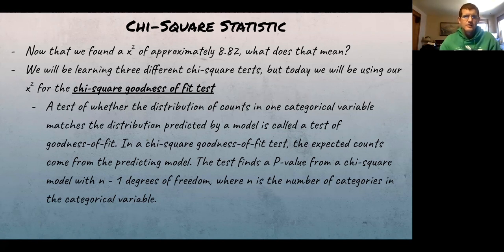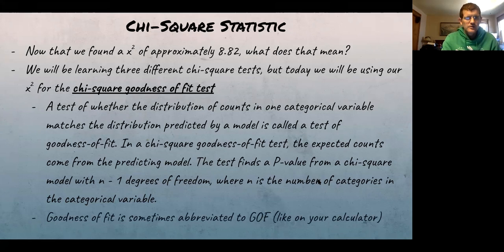And the test finds a p-value from a chi-square model with n-1 degrees of freedom, where n is the number of categories in the categorical variable. We're going to come back to this one. In fact, that's going to be on the next page. But you will see goodness of fit sometimes abbreviated to GOF, which is how it will appear on your calculator. And we'll get to that before too long.